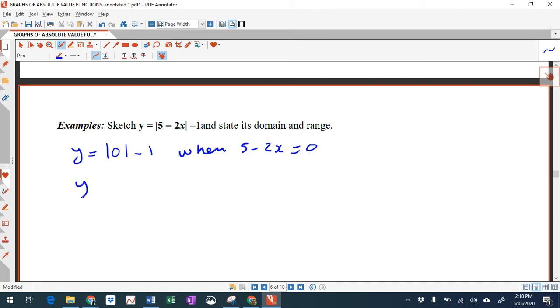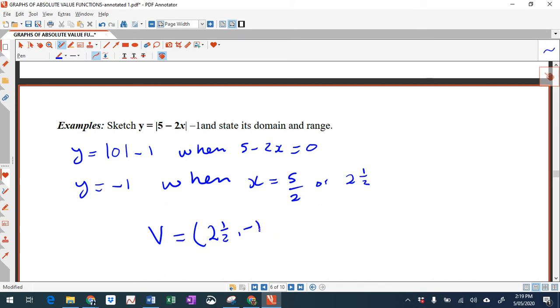So that gives you y equals minus 1 when, if you solve that, you're going to get 5 on 2 or 2.5. So your vertex is 2.5, negative 1.